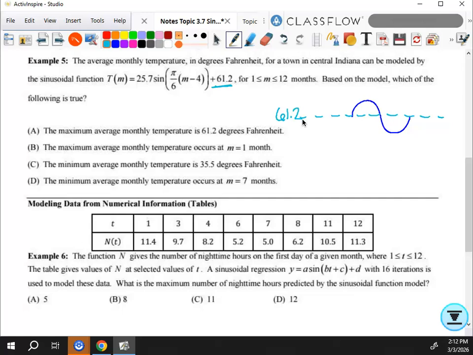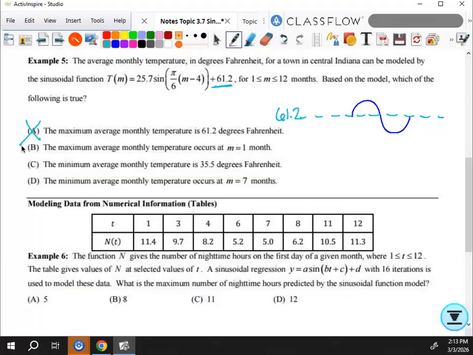Okay. So the first answer choice says the maximum average monthly temperature is 61.2 degrees Fahrenheit. What do you think about that answer choice? No. If the midline is 61.2, the maximum clearly is not, right? No matter how bad your picture is, I think you could probably figure it out from there. Your pictures don't have to be beautiful, but you have to be able to make something out of them.